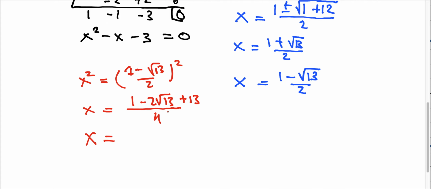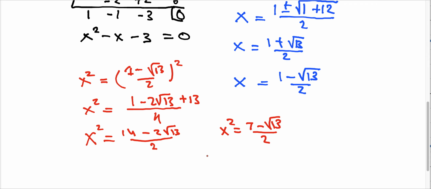So x squared is 13 plus 1, which is 14, 14 minus 2 square root of 13. And as we see here, everything is even, so taking some shortcut, x squared is 7 minus square root of 13 divided by 2. But now, y is going to be equal to x squared minus 3.